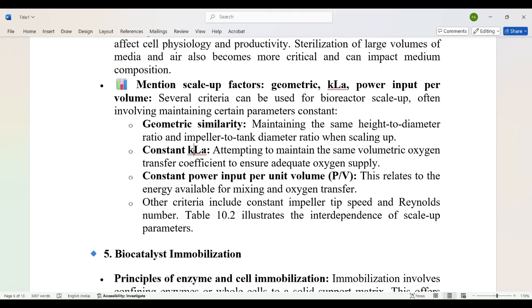For example, the rate at which I am supplying oxygen to the broth or to the bioreactor is very high, and the oxygen uptake rate, that is utilization of oxygen by cells, is very slow. That is creating the problem. Why? It is making my broth rich in oxygen, which is not desired.